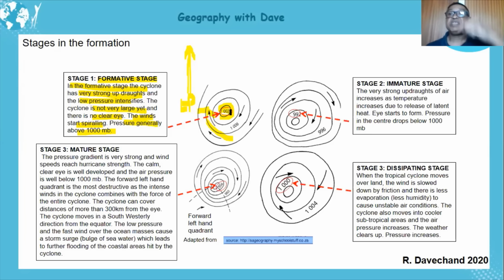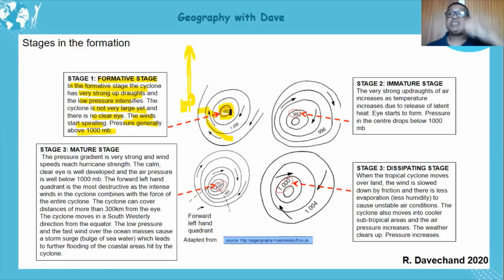Then we have the immature stage, where the very strong updrafts of air increase. Can you see it? The updrafts increase because the temperature increases due to the release of latent heat.